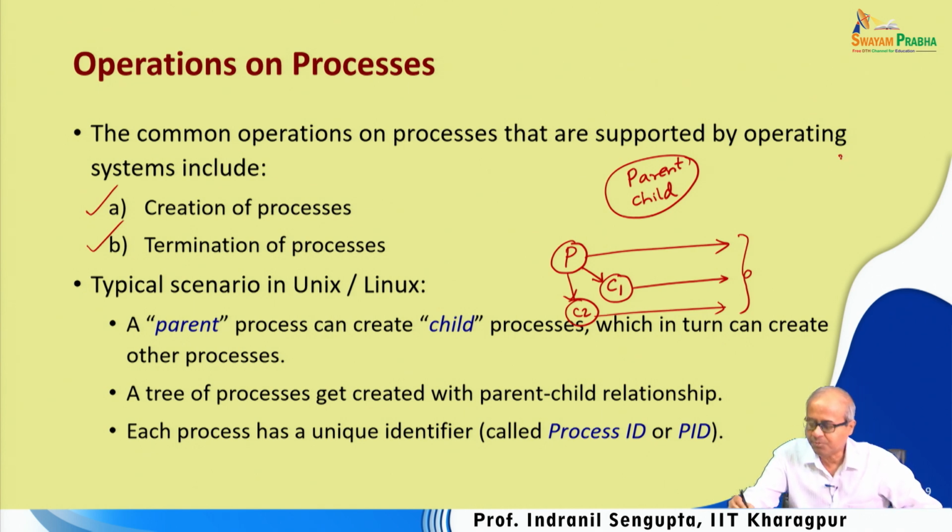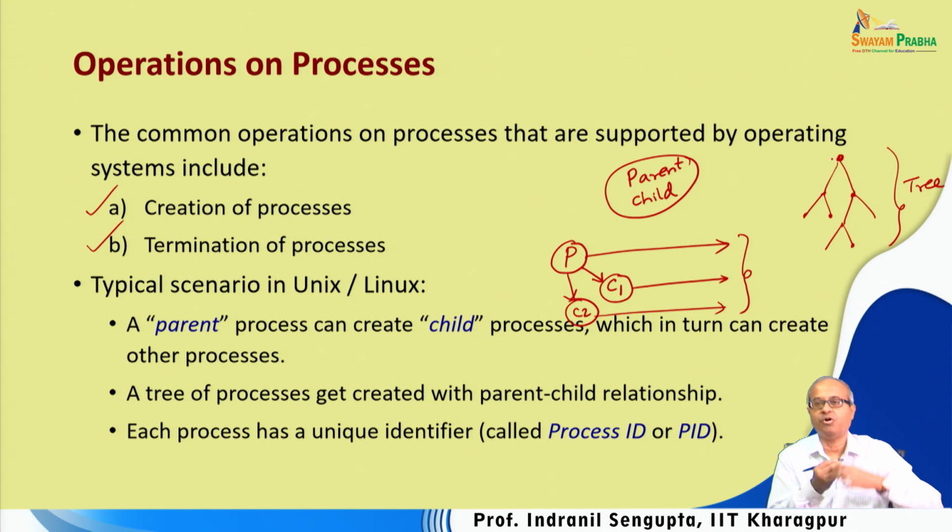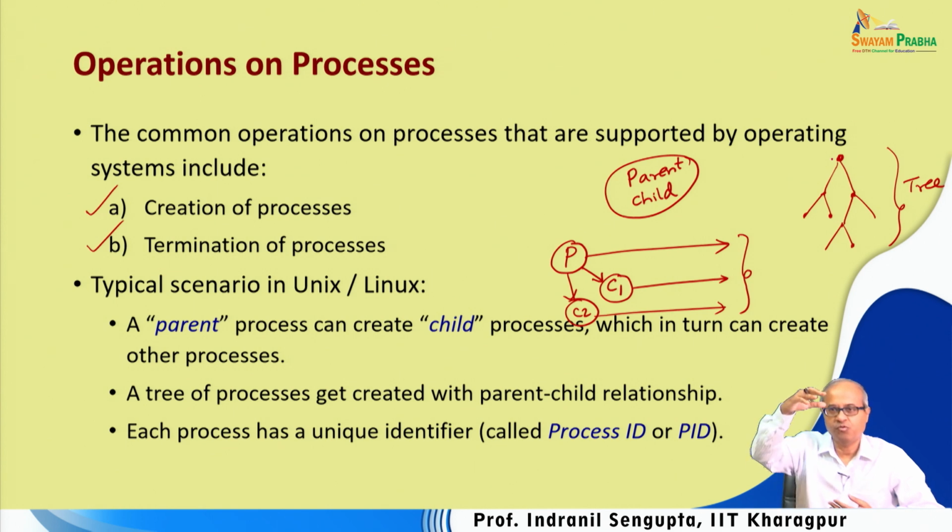Let us say from an initial process there will be some new processes created. One of the processes will be creating further processes, some other processes can be creating further processes, this process can be creating some more. This is called a tree, where there is an initial node called the root of the tree, and there are levels of child nodes, and there is no cycle in this diagram. You move from top to bottom.